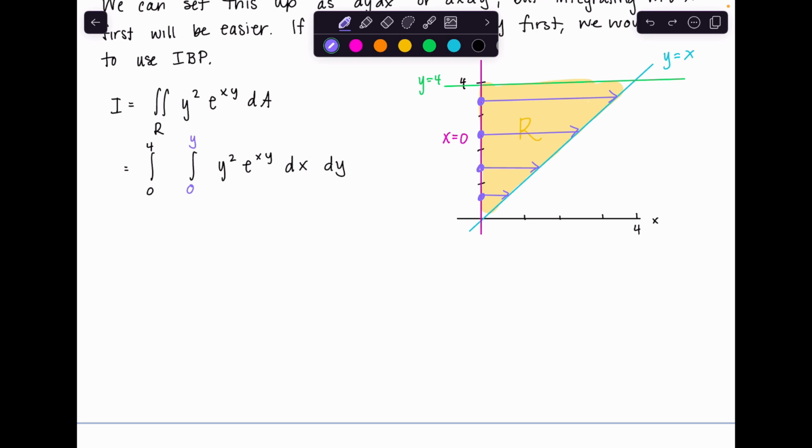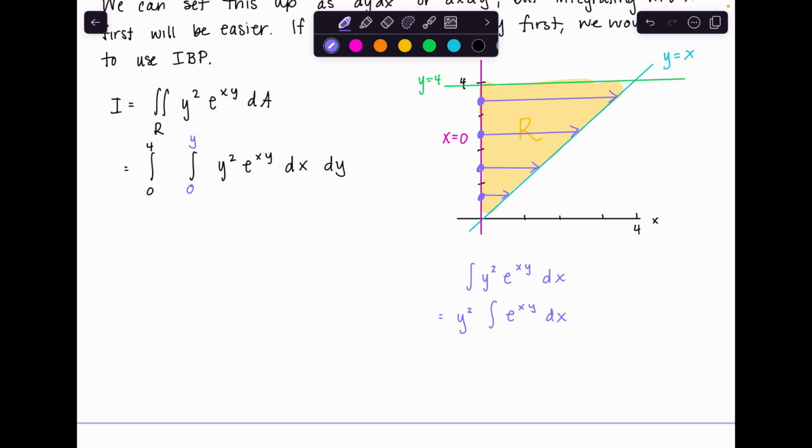So I'm going to do this without bounds off to the side. I don't want to say these two things are equal because I want to just be able to find this component and then come back up here to my thing with bounds. So if I do this, the y squared can pop out and you're left with e to the xy dx.